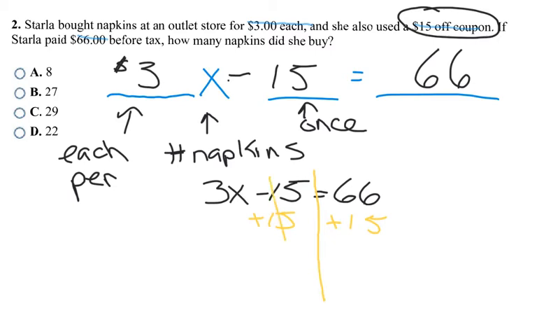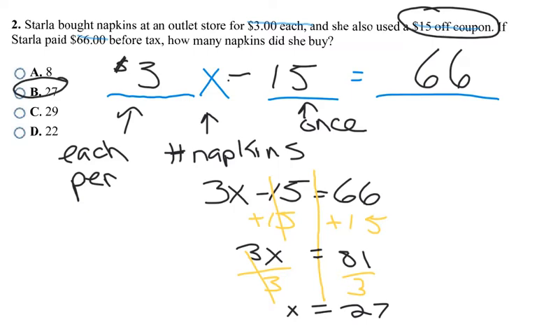These 15s cancel, and I'm left with 3x equals 81. And then I need to divide both sides by 3. These 3s cancel, and I'm left with x equals, and 81 divided by 3 is 27. So that means my final answer here is going to be B.